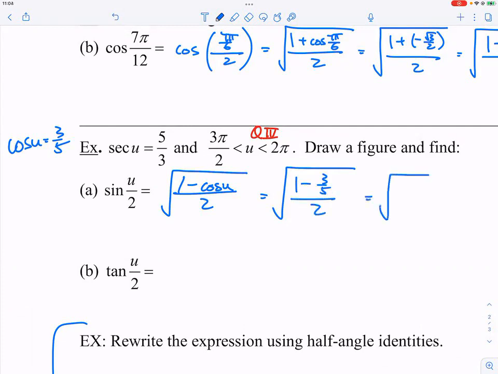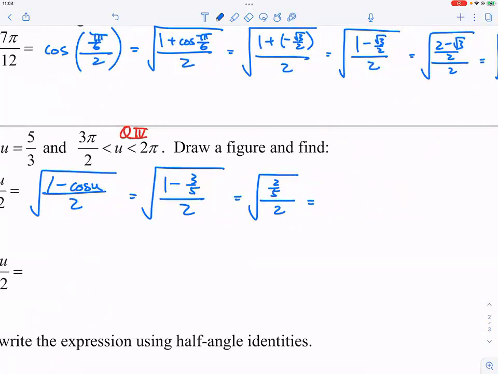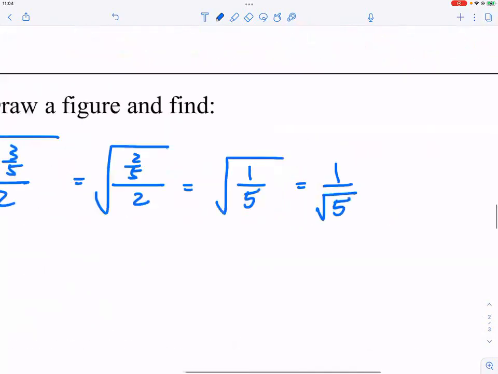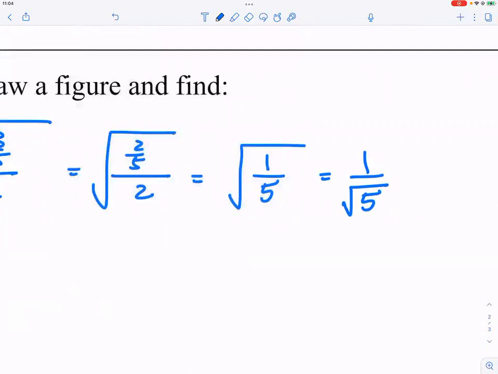That's equal to 2/5 over 2, which equals the square root of 1/5. Usually we write it this way: the square root of 1/5 becomes 1 over square root of 5, and after rationalization, that becomes square root 5 over 5.